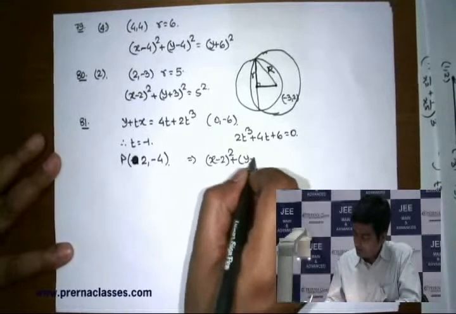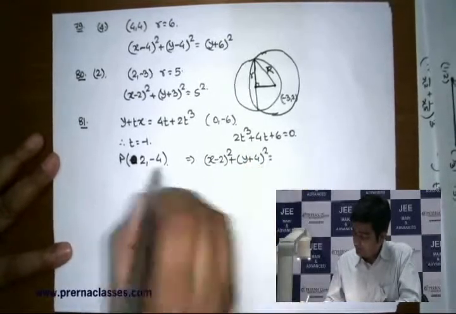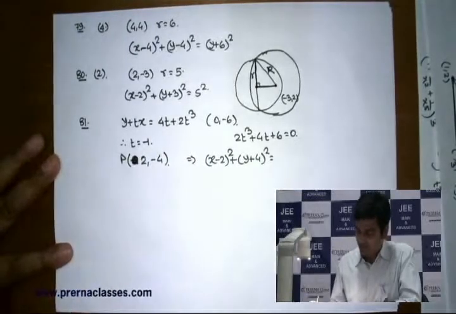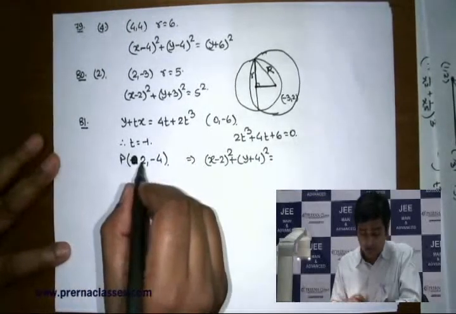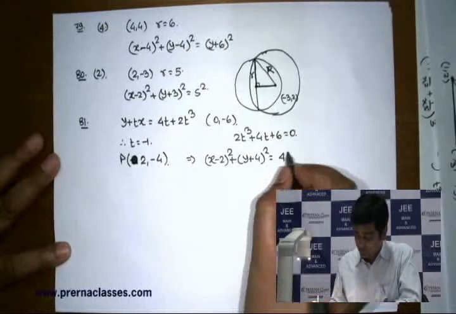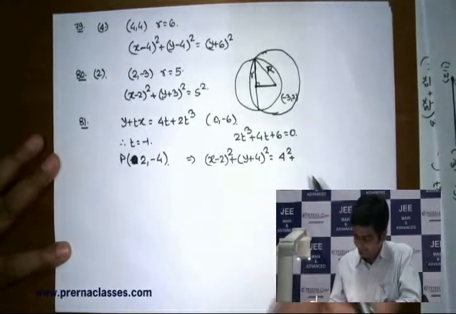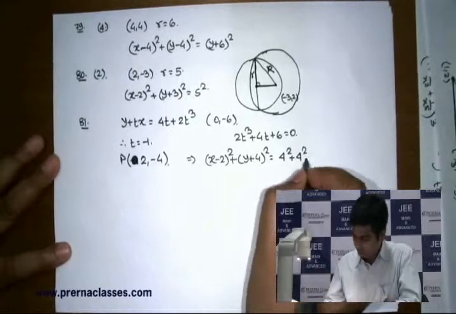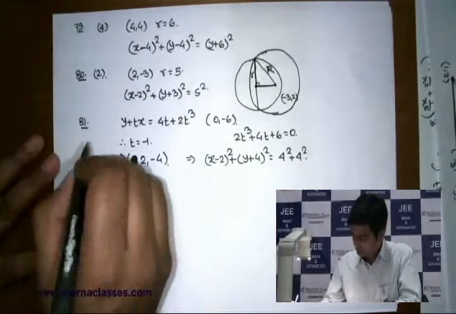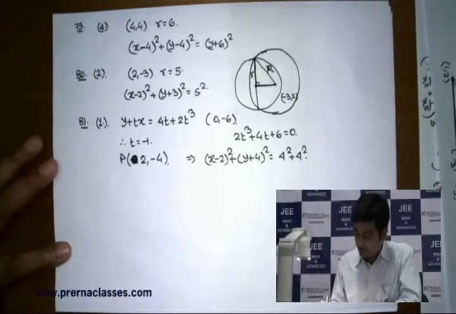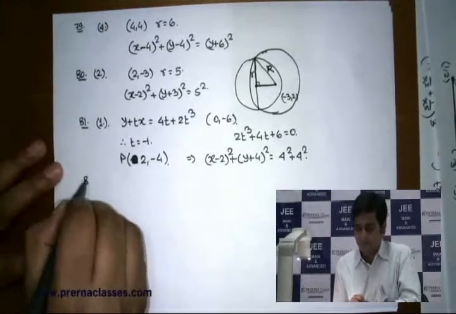Clearly then the equation of such a circle is, and its radius square is going to be nothing else but the distance of this point and the center, which is, simplifying which you will find that option 1 is correct.